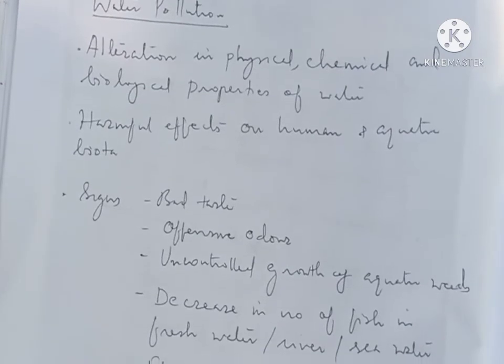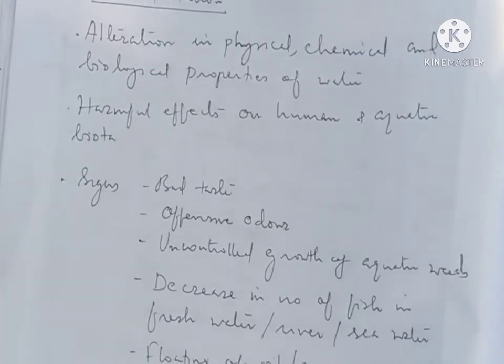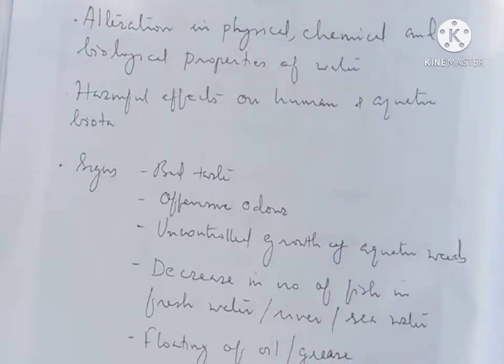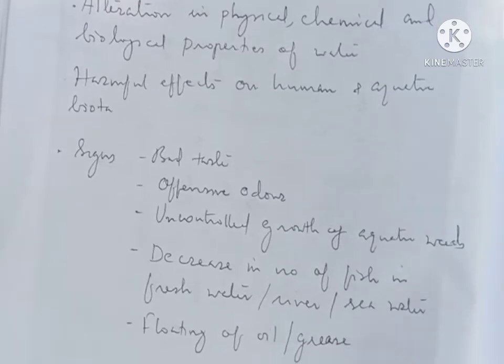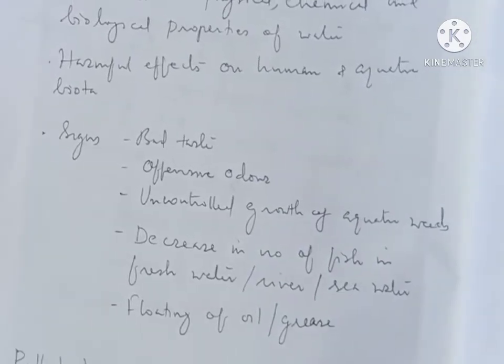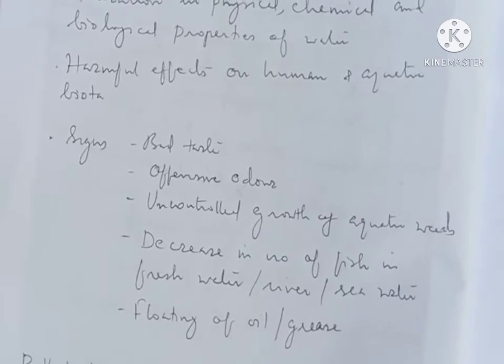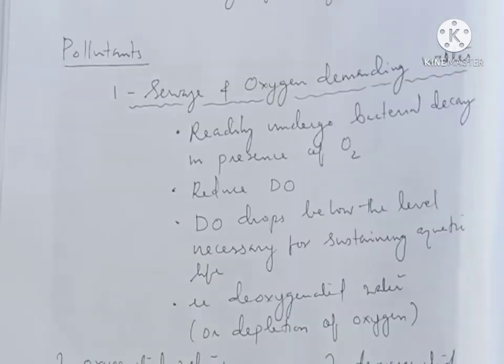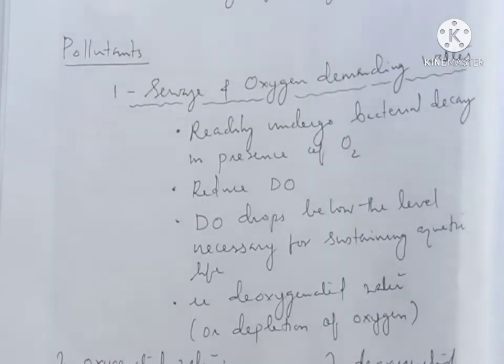In some cases, we can see an oily or greasy nature over the surface of the water, and this also indicates water pollution. So now let us talk about the water pollutants.